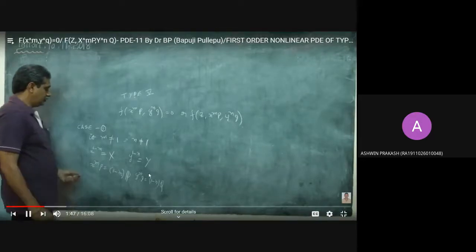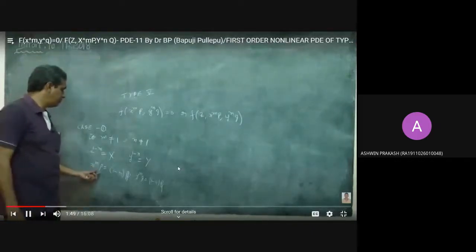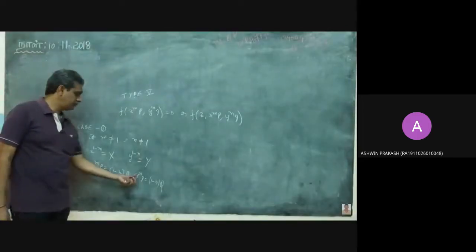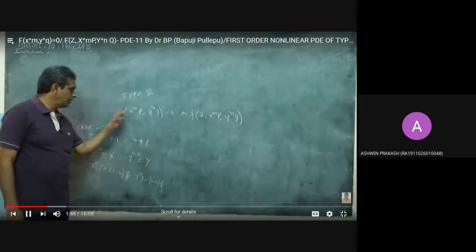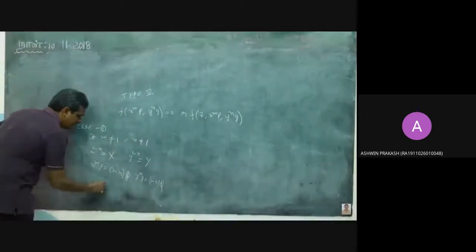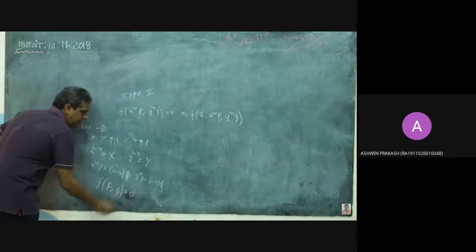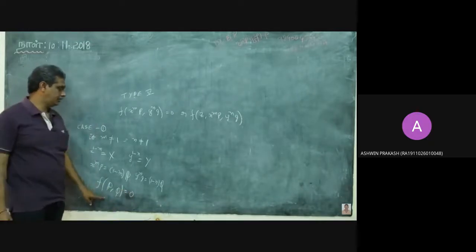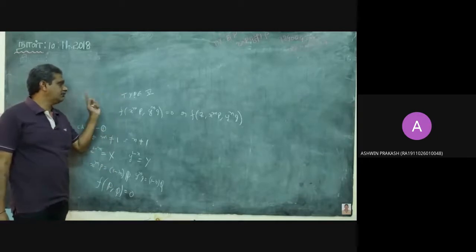Go back and substitute. My x power m into p is purely in terms of P. y power n into q is in terms of Q. So my function becomes nicely capital P, capital Q. So this is nothing but type 1. How nicely it is coming, you see. Type 5 is very, very important.